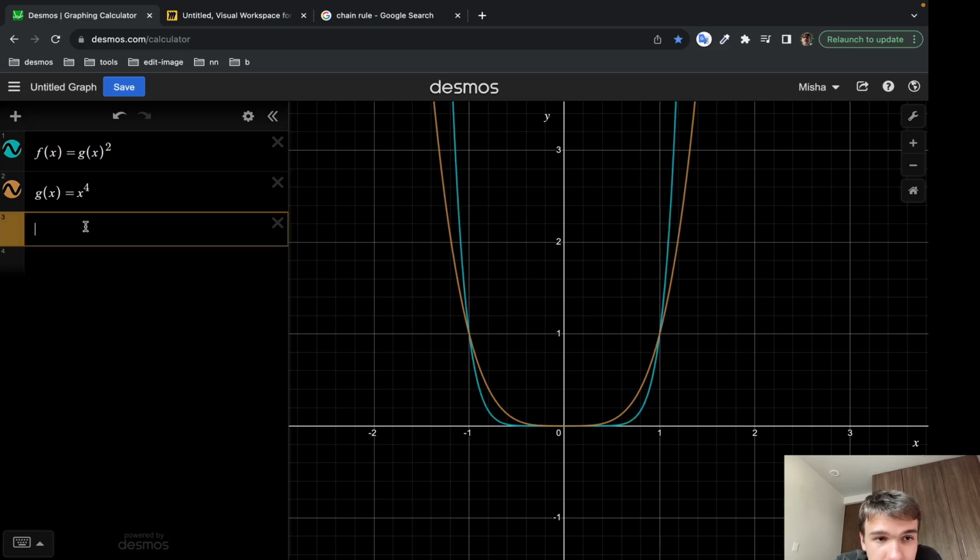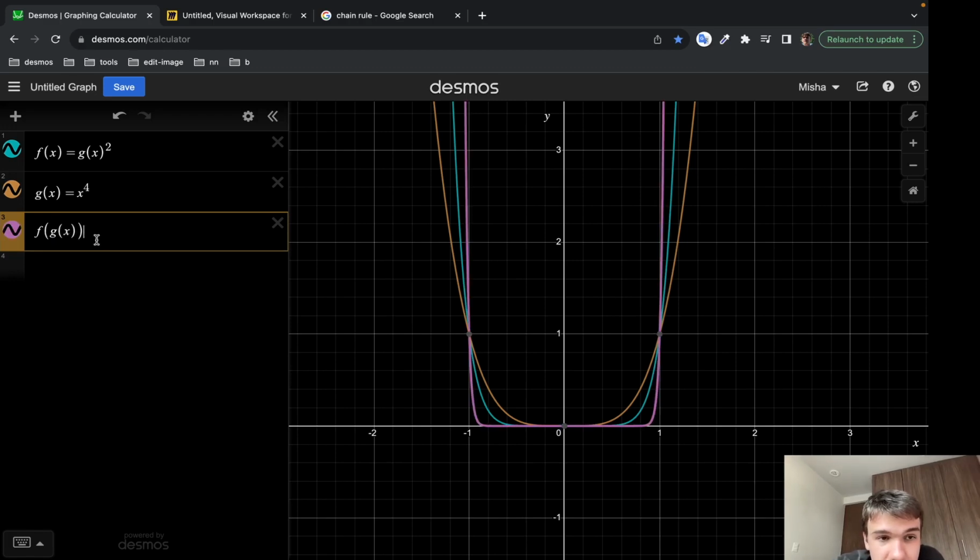So it basically means that we have f, and then we have g, and then in g we have x. Right now it becomes another function because it's already inside the function f, but let's just make it invisible.